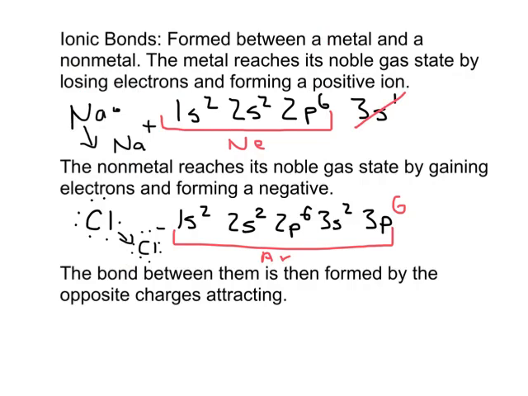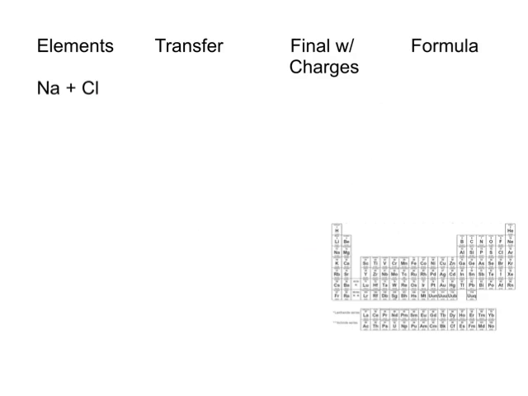Let's look at some examples. So in my first example, I want to use just those 2 elements that I mentioned already, sodium and chlorine. On the previous slide, we wrote out the electron configuration to figure out that sodium has 1 valence electron and chlorine has 7.